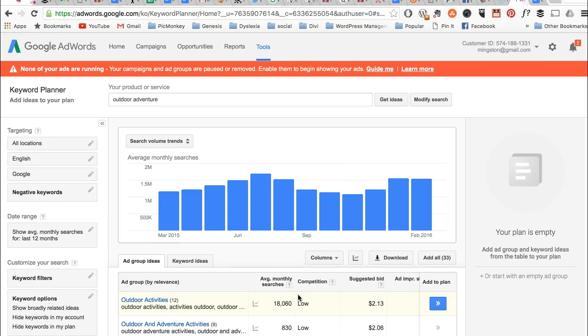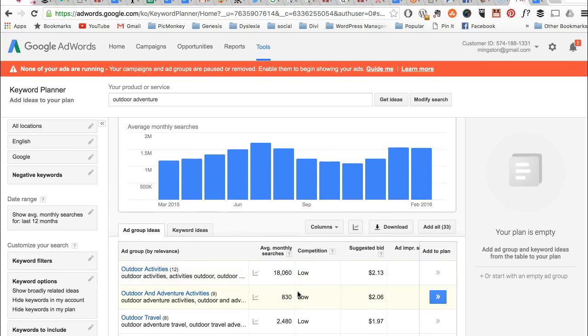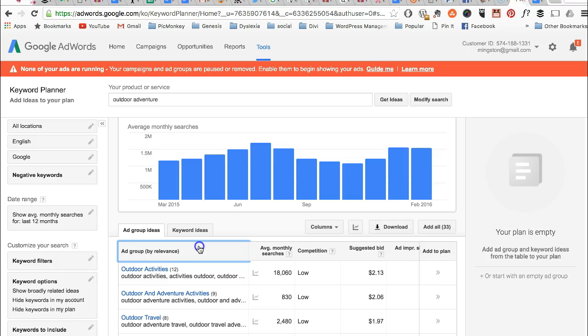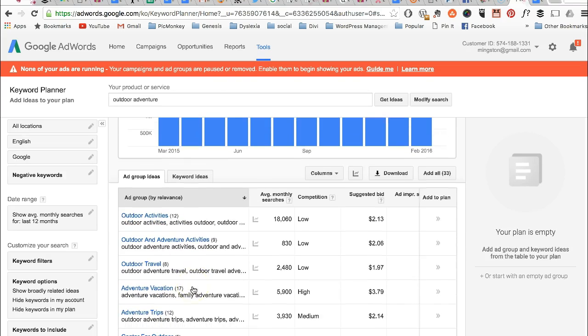Okay, so here's the thing, what's kind of tricky about this is getting ideas. These are group ideas, so under the words outdoor activities, there's 12 choices of outdoor activities. Oh, sorry, I just grouped it by relevance, which is fine because that still keeps outdoor activities on top.